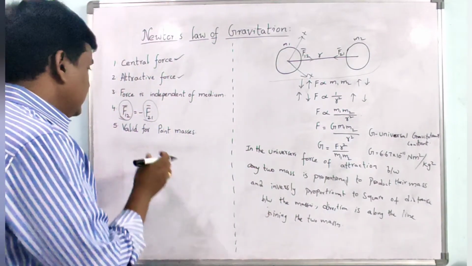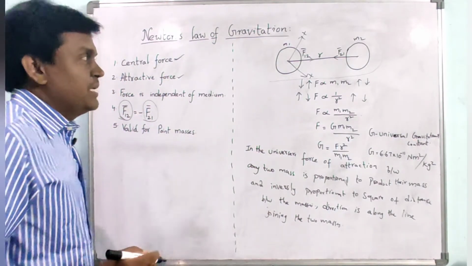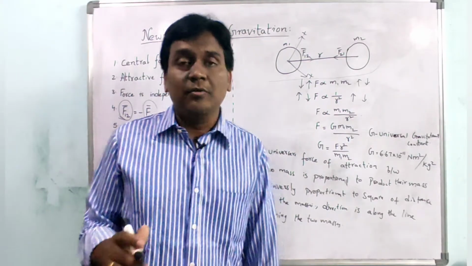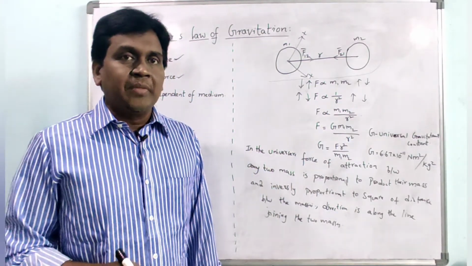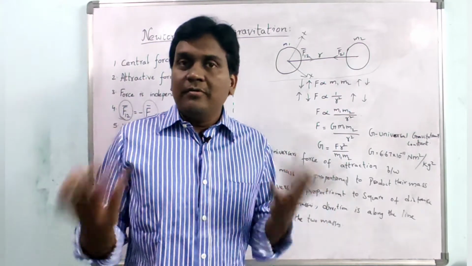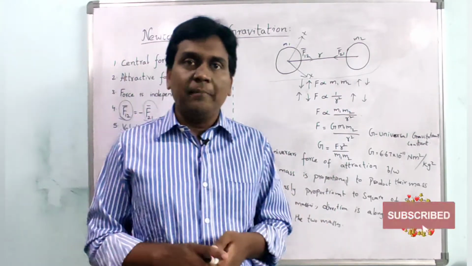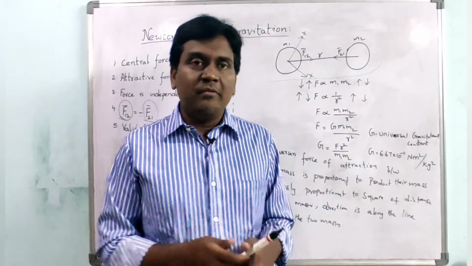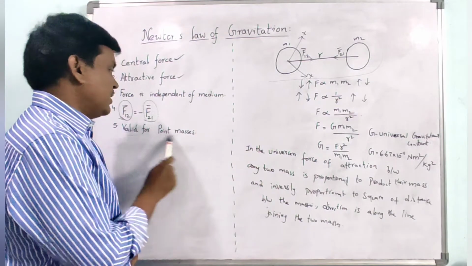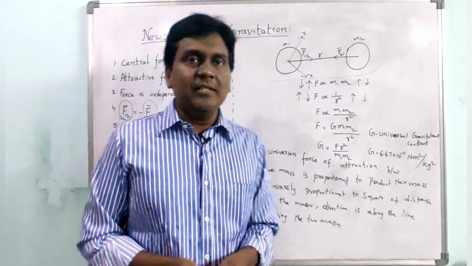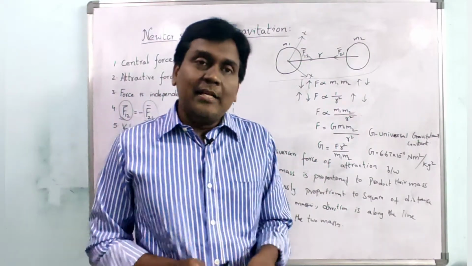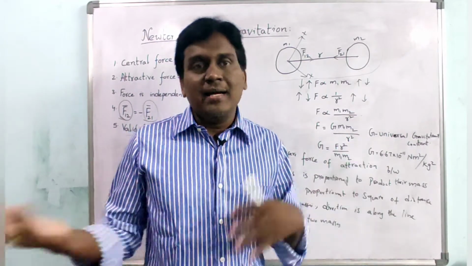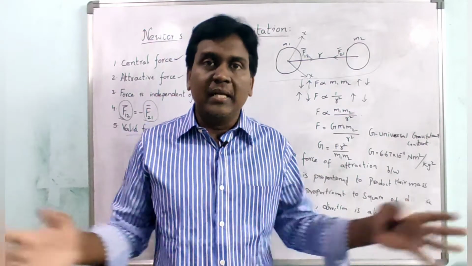Next, it is valid for point masses. This Newton's law of gravitation is valid only for point masses. But we consider it for planets, stars and everything, which are very huge masses. Why is it valid only for point masses? The distance between planet and planet, or a star and a planet, is too big.